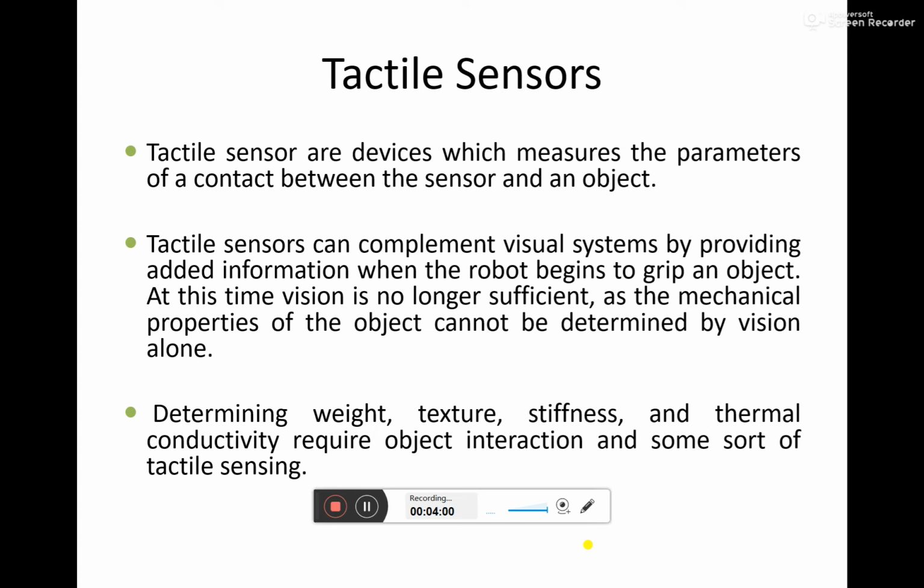It will touch the object and take that information related to the weight, texture, stiffness, thermal conductivity, or some other parameters.